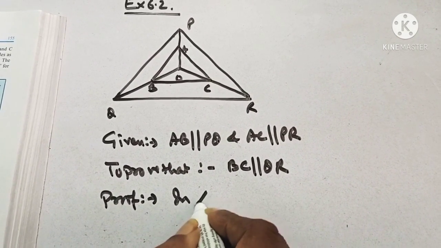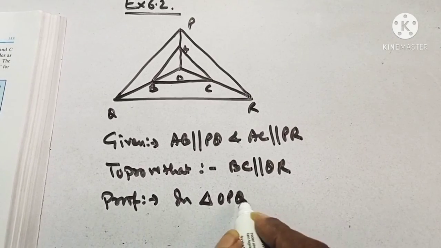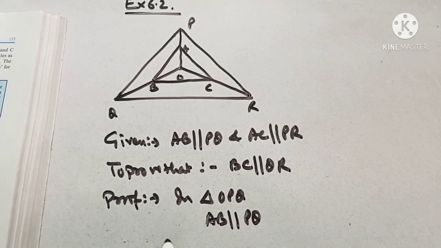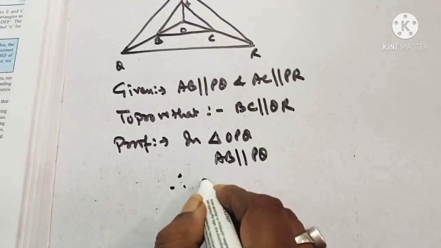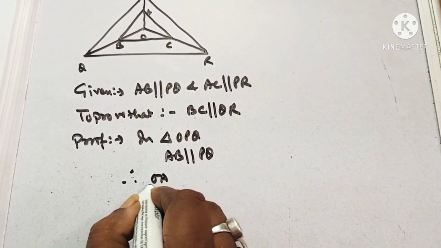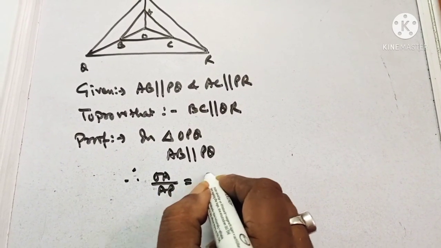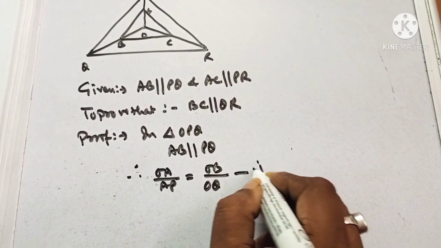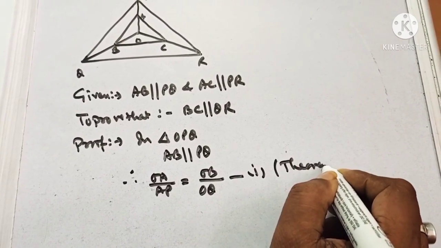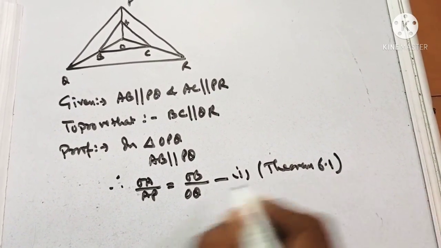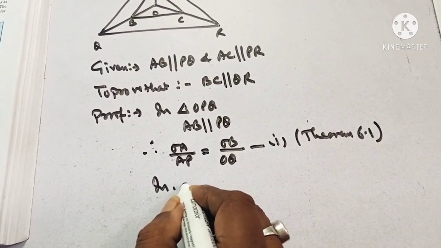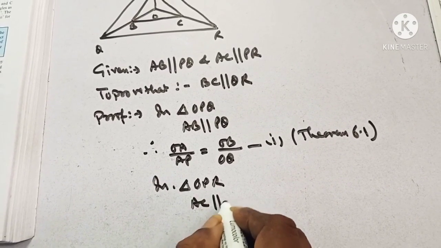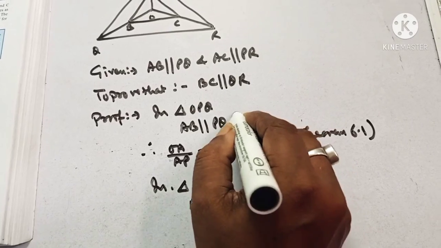In triangle OPQ, it is given that AB is parallel to PQ. Therefore, from theorem 6.1, we can say that OA by AP is equal to OB by BQ. This is equation 1 from theorem 6.1. Now again in triangle OPR, AC is parallel to PR. This is given to you.